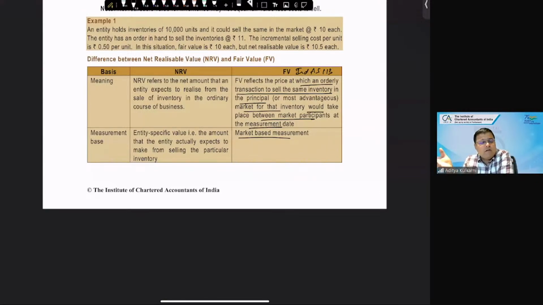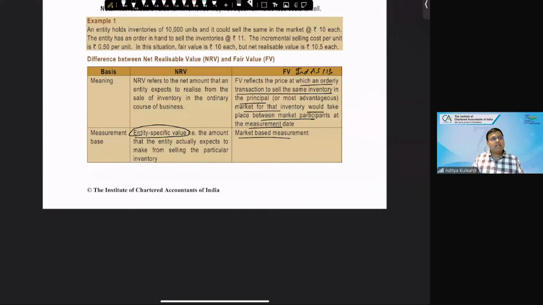So when I talk about fair value, it is primarily from the perspective of a market participant. But NRV is basically my selling price minus my cost to complete the product and make it saleable. So net realizable value is an entity-specific value. Fair value is a market-based value.